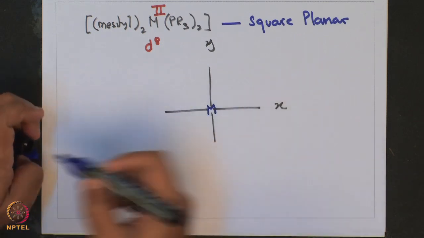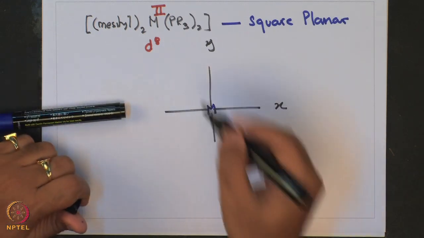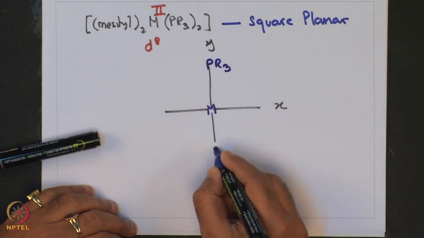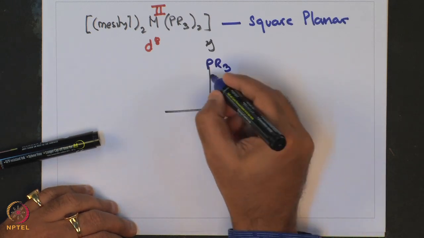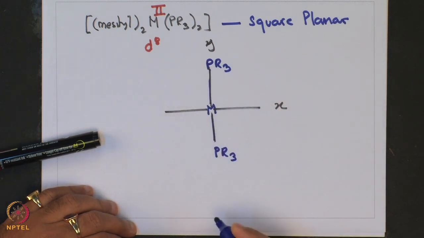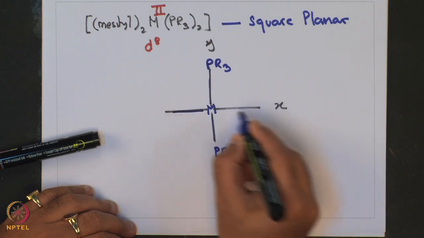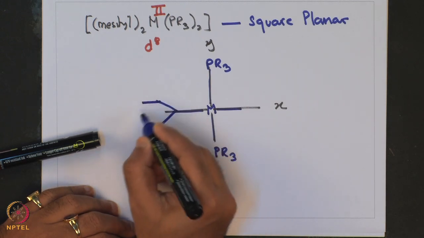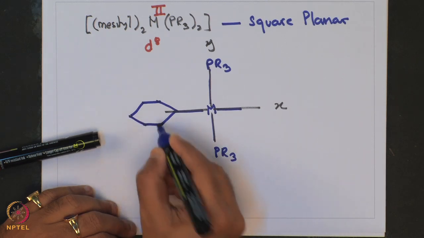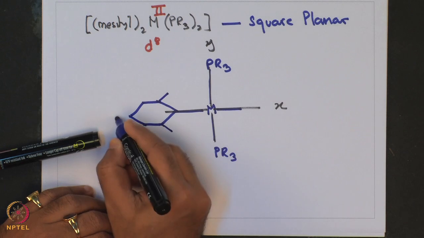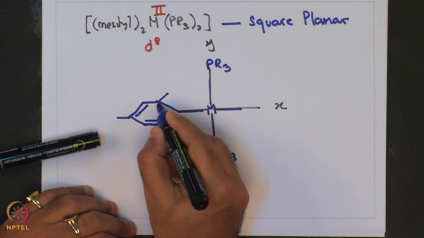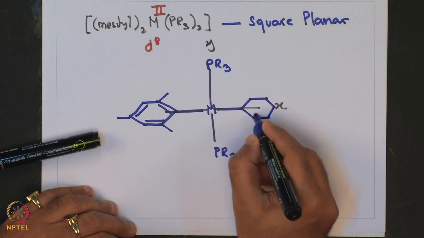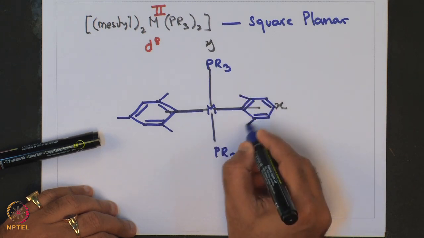It has two PR3 ligands which are trans to each other, and this bond is along the axis, and it has two aryl groups of the mesityl moiety along this bond.